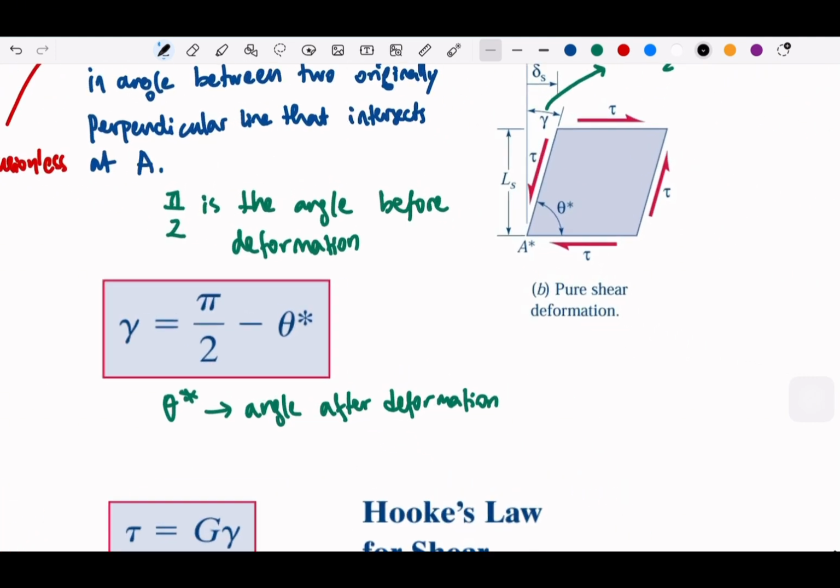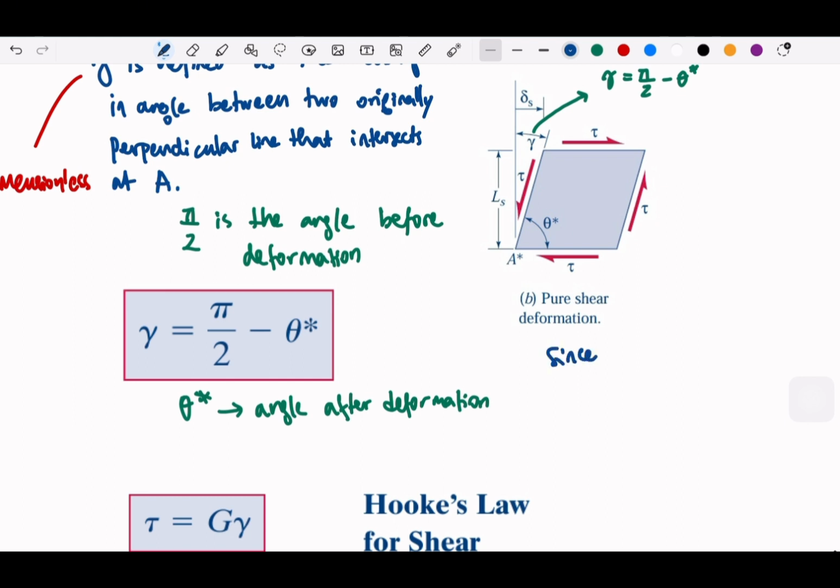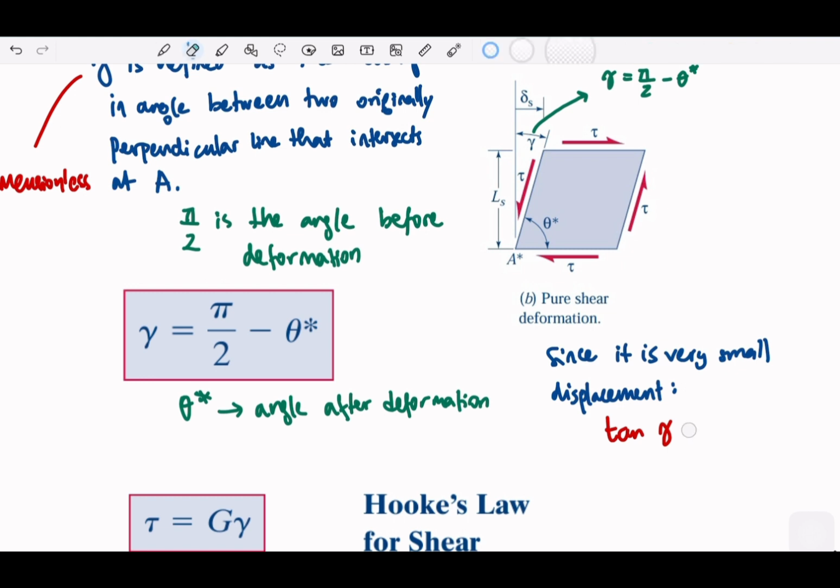Also, since it is a very small displacement, our assumption is that the tangent of gamma will approximate the sine of gamma, which equals gamma itself.